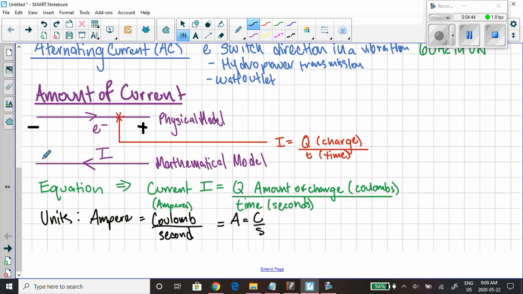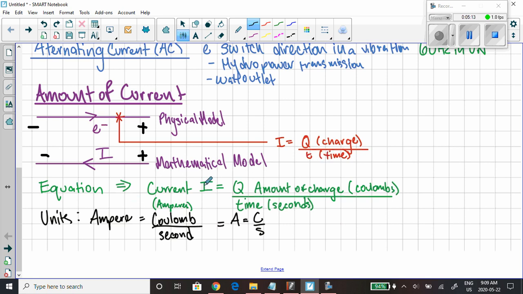But mathematically speaking, we're going to look at something called positive conventional current that flows from positive to negative. This is the mathematical model, and this is the I we're talking about here. I, which stands for current, is simply equal to how much charge passes a point in a circuit in a certain amount of time.